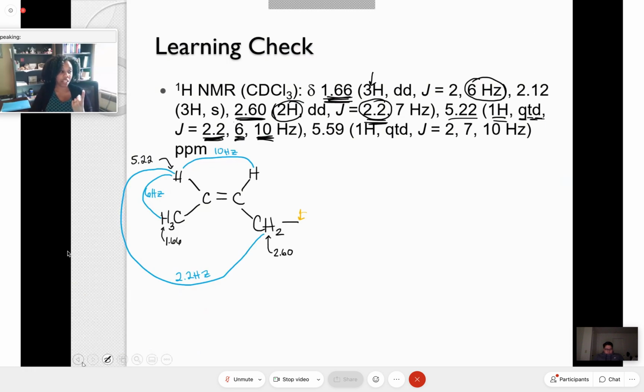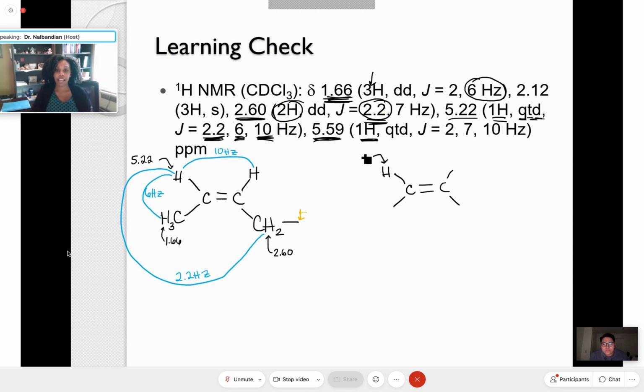If you're paying attention, we could finish it right here. We basically know the structure. If you're paying attention to what you're doing, we're looking at everything from different perspectives. You can see here, hopefully, how this can be pieced together, but let's do the last one here. 5.59, it's 1 hydrogen. Again, we have to draw this as a carbon-carbon double bond because of where that chemical shift is.